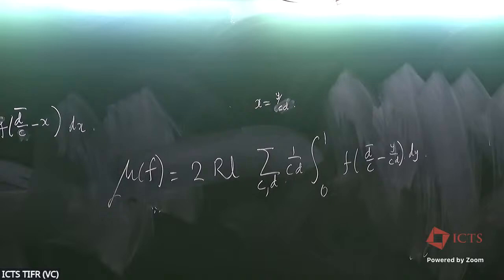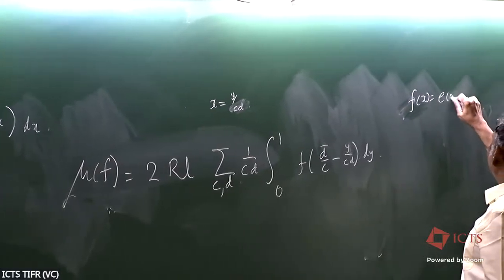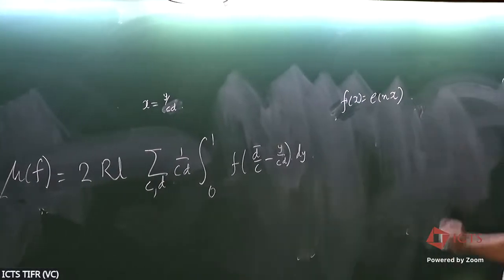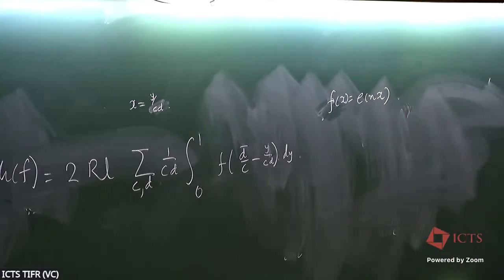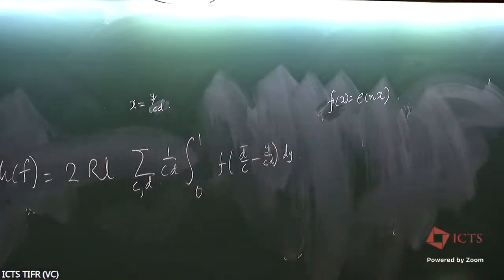Okay. In particular, taking f of x equal to e of nx, then you get delta n equal to, this is another formula which I want.